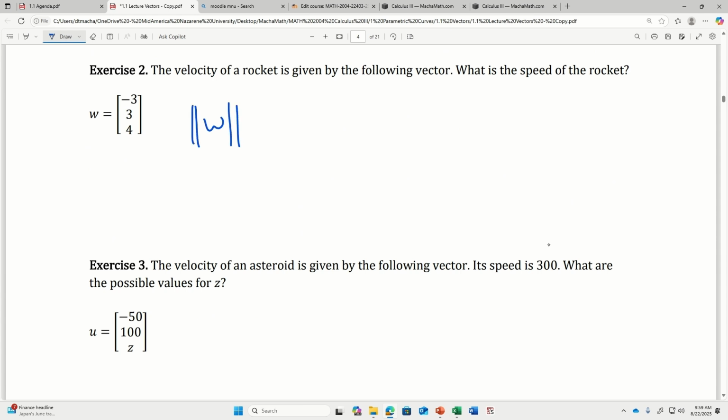Okay, try this one. A rocket is something that moves through 3D space. So let's say we chose a 3-dimensional coordinate system and we've got some velocity. What is the speed of that rocket?